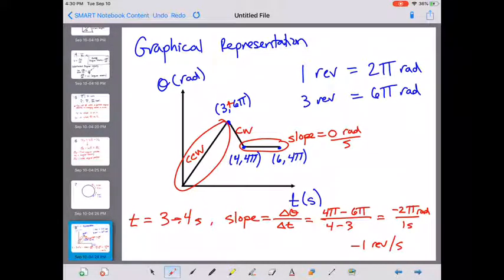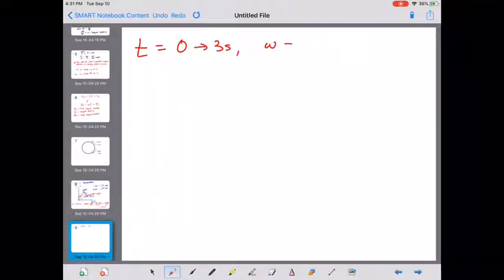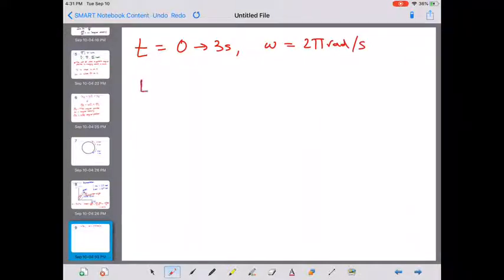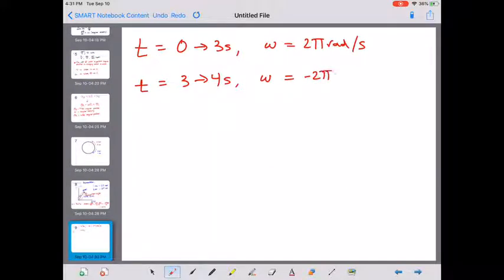Now, let's compile all of our information here. So from t equal to 0 to 3 seconds, I had an angular velocity of 2 pi radians per second. From 3 to 4 seconds, I had an angular velocity of negative 2 pi radians per second.